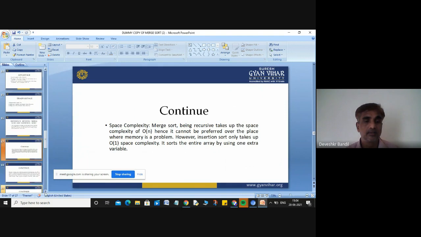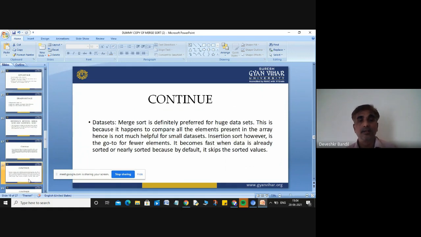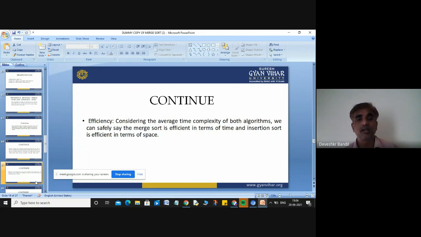For a large data set, merge sort is definitely preferred, and the other algorithm is preferable for the minimum size data set. Efficiency: considering the average time complexity of both algorithms, we can safely say that merge sort is efficient in terms of time, and insertion sort is efficient in terms of space.